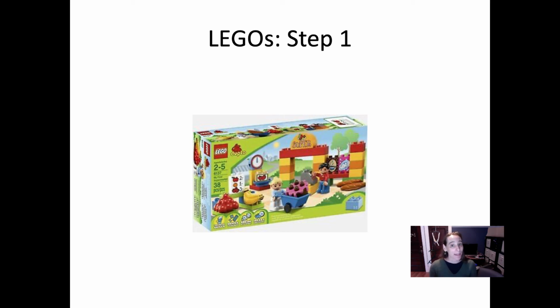Turns out taking apart Legos is a lot harder than putting them together. So Duplos are much easier to both put together and take apart. And so this allows children to construct things when they wouldn't normally be able to with normal Legos. The other way that this particular set is scaffolded is that it has directions with it, step-by-step directions for building it. And so that would be a single step.